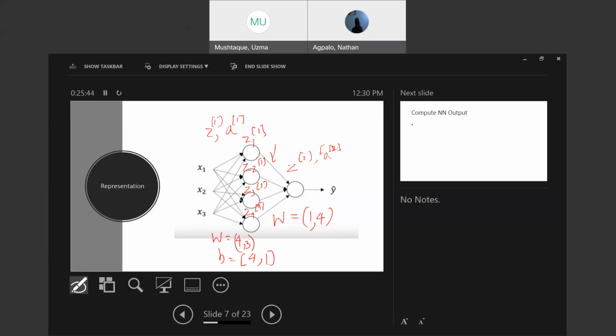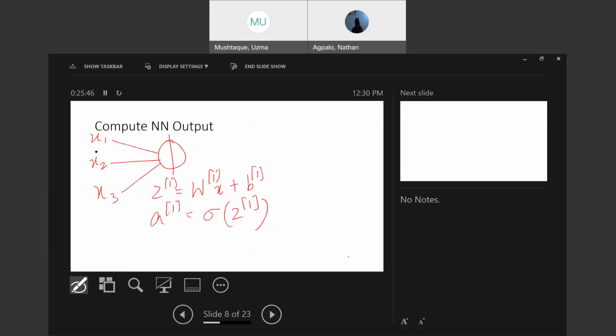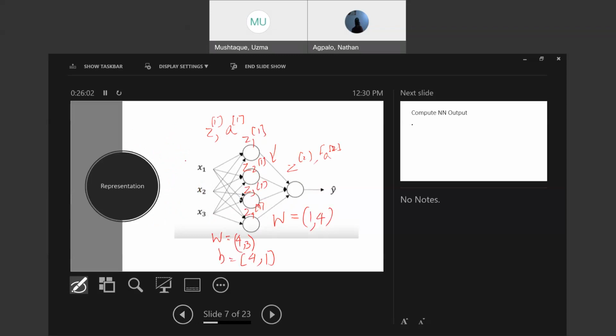All right, that's fine, I think everybody is okay with that. So for a 2-layer network, my question is: how many equations do you think you need to implement this entire thing? For this network, this one. Somebody said 2.